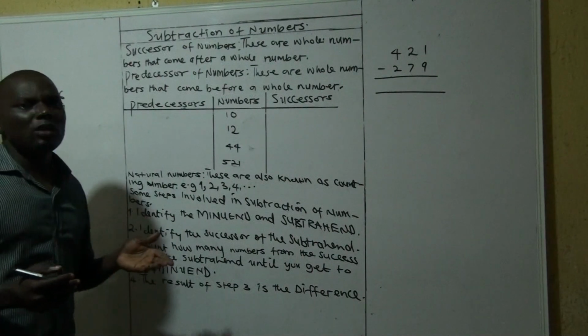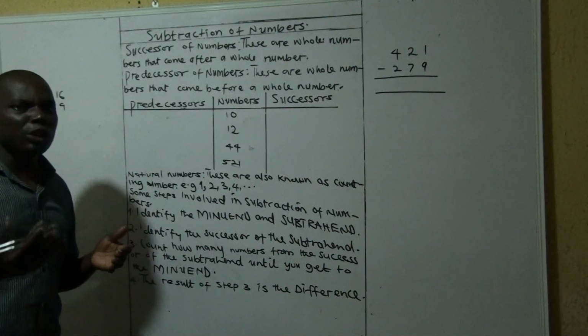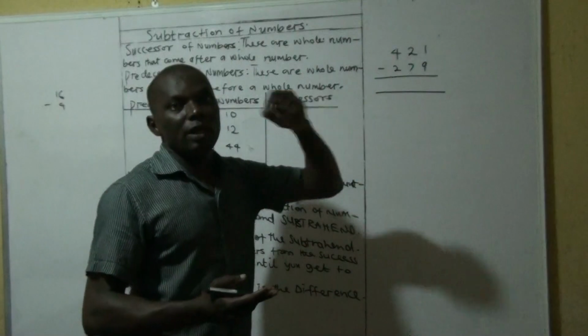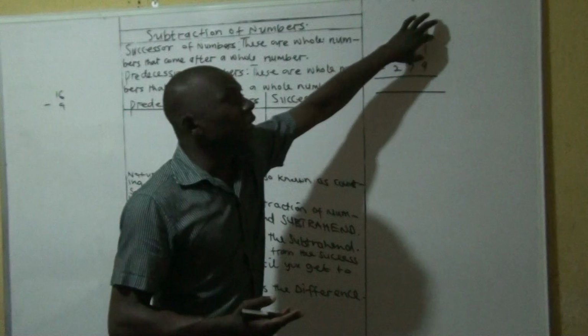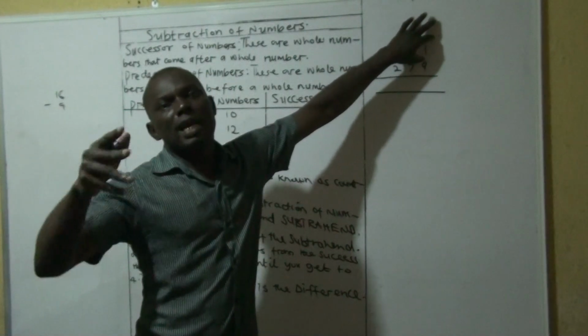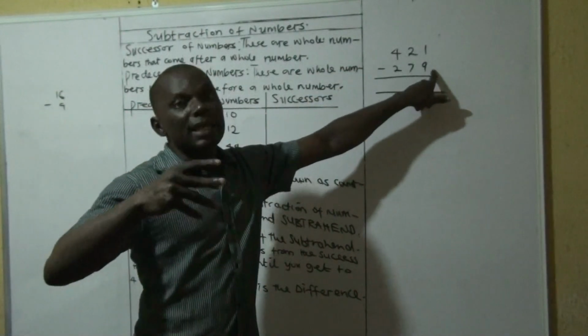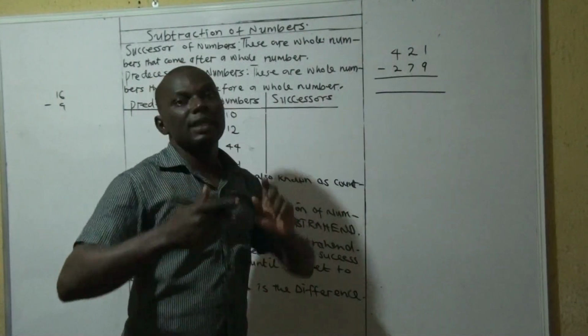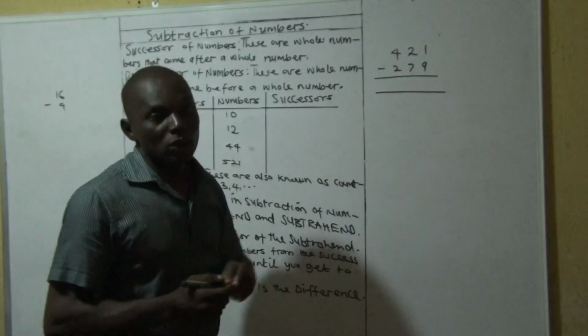Thereafter, you start your operation from the unit digit. If the unit digit of the minuend is less than the unit digit of the subtrahend, you need to borrow from the next neighbor, which is 2.